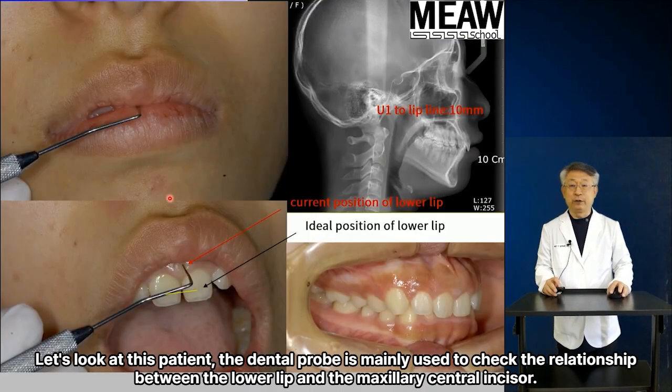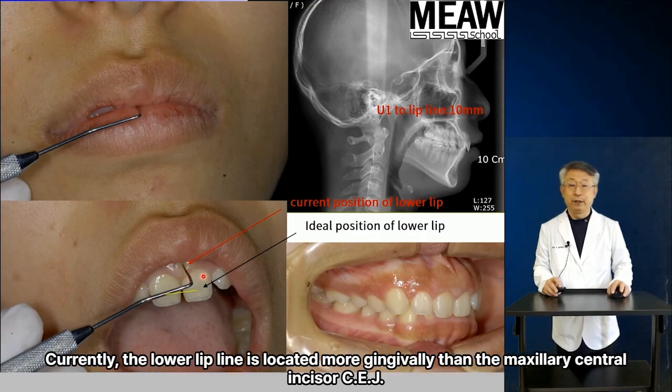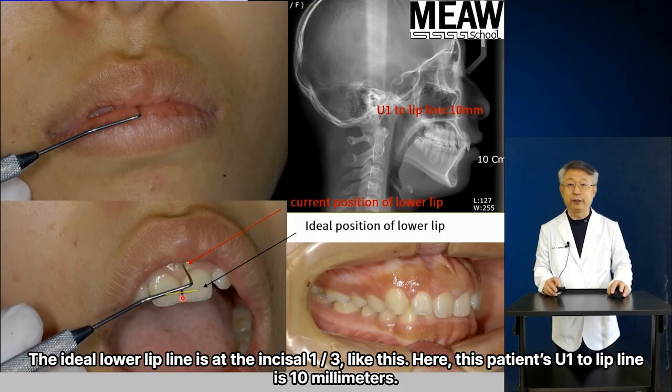Let's look at this patient. The dental probe is mainly used to check the relationship between the lower lip and the maxillary central incisor. Currently, the lower lip line is located more gingivally than the maxillary central incisor CEJ. The ideal lower lip line is at the incisal 1-3, like this.